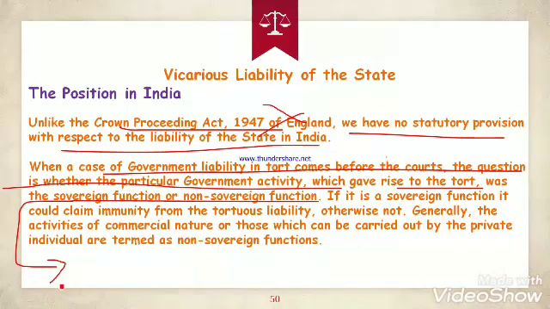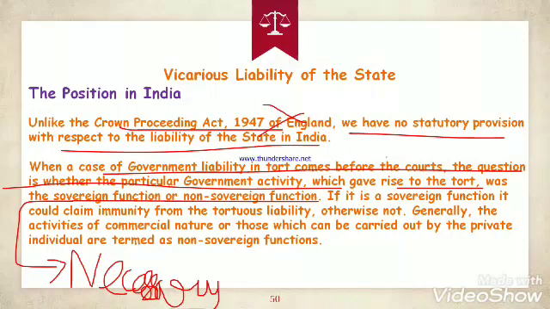First of all, let's understand what a sovereign function is. Sovereign function means which is necessary to do. For example, lockdown in India was necessary to do, and right to freedom was not prohibited, but since it was necessary, it will be called a sovereign function.